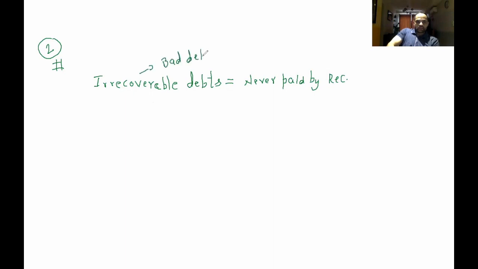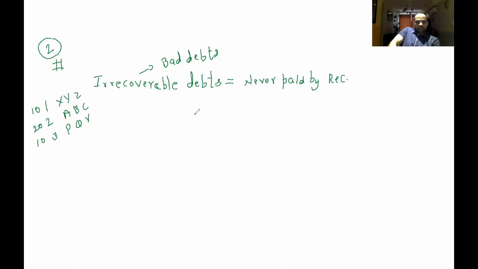Bad debts, right? So let's say you have three bad debts, XYZ, ABC, and PQR, all right? So $10, $20, $10, right? So how are you going to prepare a journal entry?